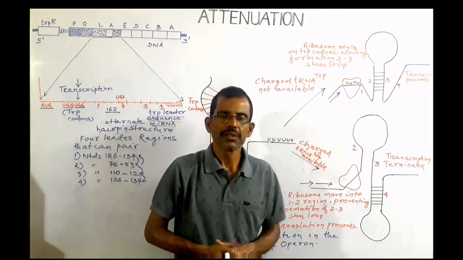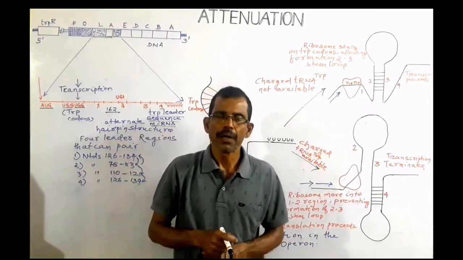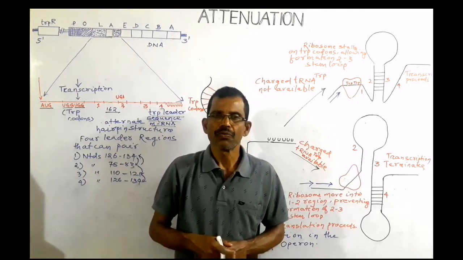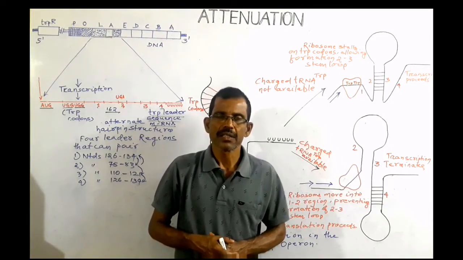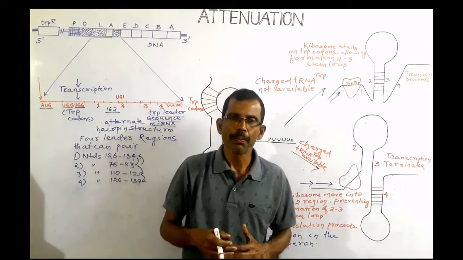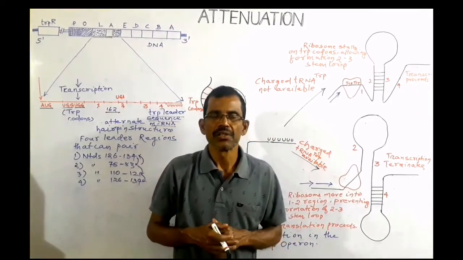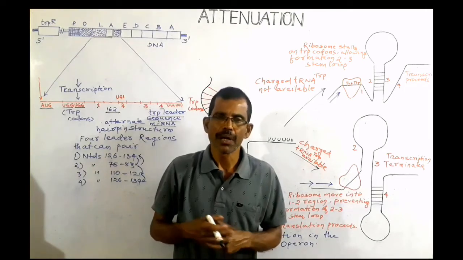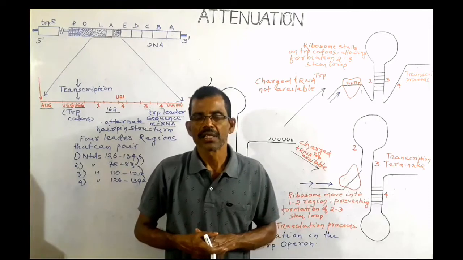So the attenuation of the tryptophan operon ultimately depends on the cellular concentration of tryptophan charged tRNAs. And when the transcription termination hairpin forms, it causes a conformational change in the associated enzyme, that is RNA polymerase, and causes the termination of transcription.